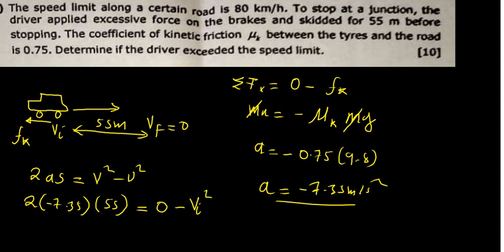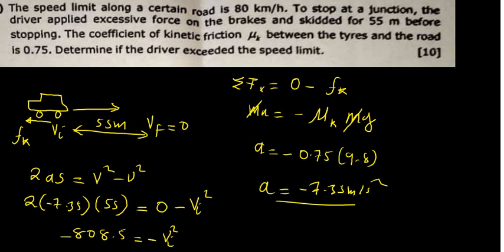So this will be 2 multiplied by negative 7.35 multiplied by 55, that is negative 808.5, and that will be equal to negative vi squared.